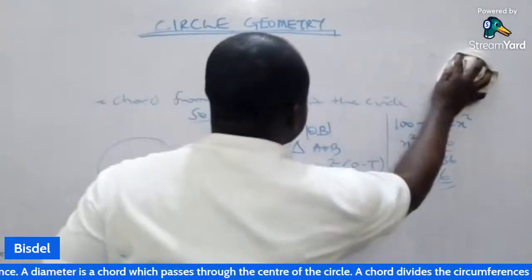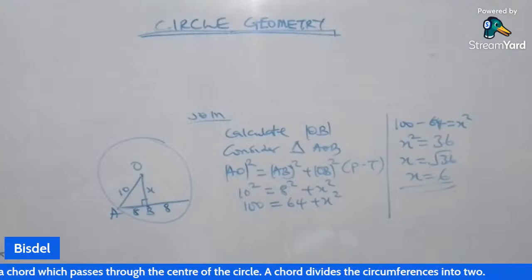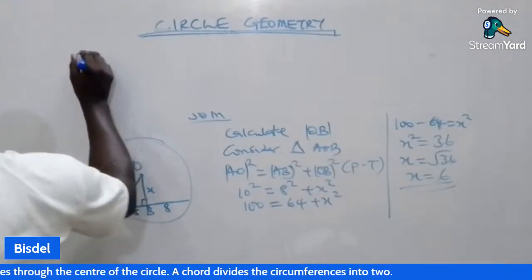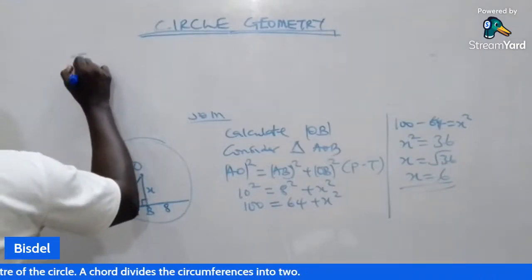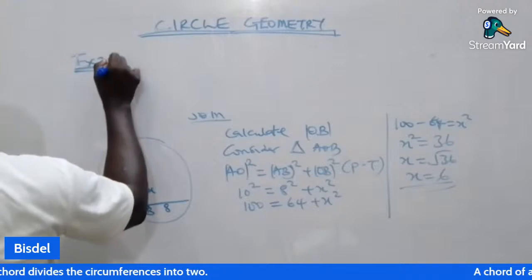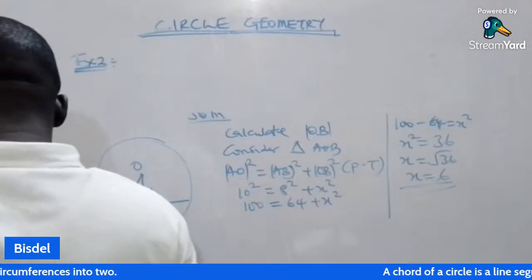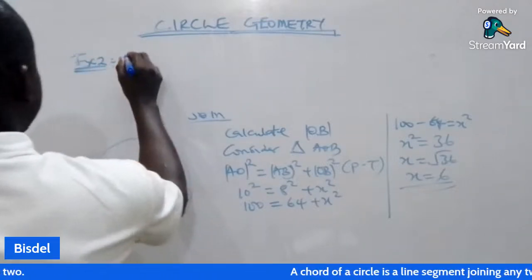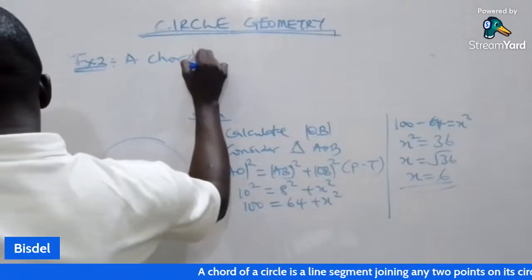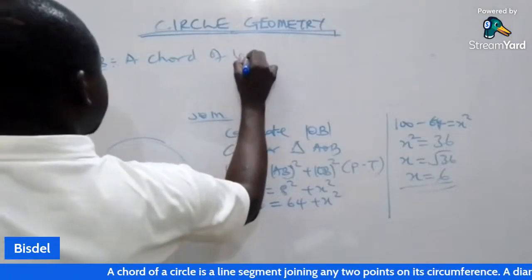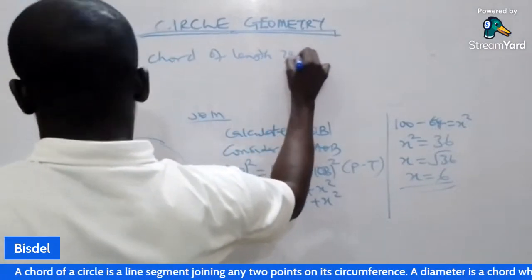So let's take another example before we move to theorem 2. Let's say example 2. In this case now, we have a chord of length 24 centimeters.